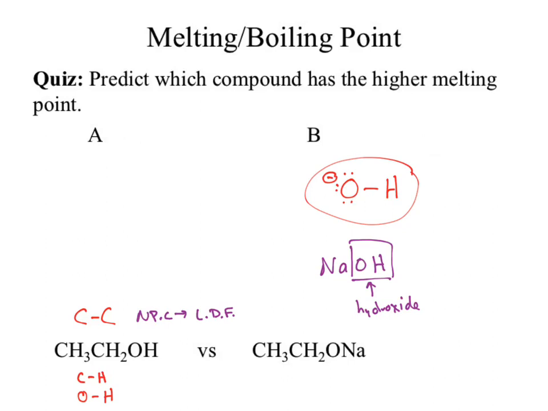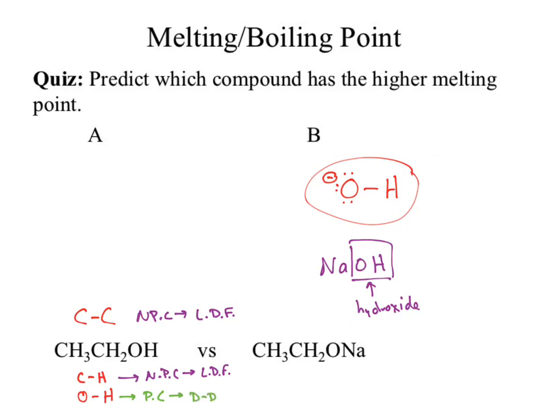How about carbon to hydrogen? What bond is that? That is nonpolar covalent. Because we have a nonpolar covalent bond, what kind of force do we have? A London dispersion force. If we have an OH bond, what kind of bond is that? That would be a polar covalent bond. If we have a polar covalent bond, what kind of force do we have? Dipole-dipole.